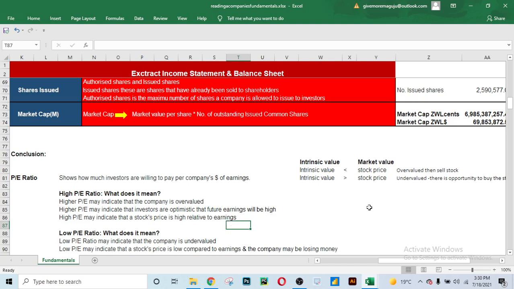So here we are saying a higher PE may indicate that the company is overvalued. A higher PE may indicate that investors are optimistic that future earnings will be high. And a high PE may also indicate that a stock price is high relative to earnings.